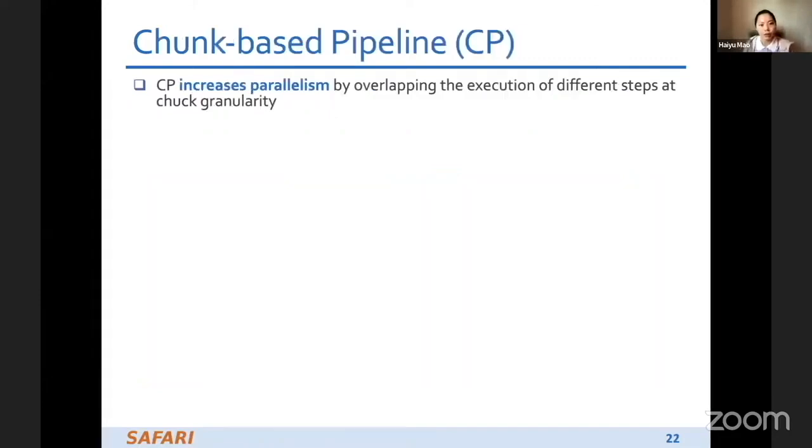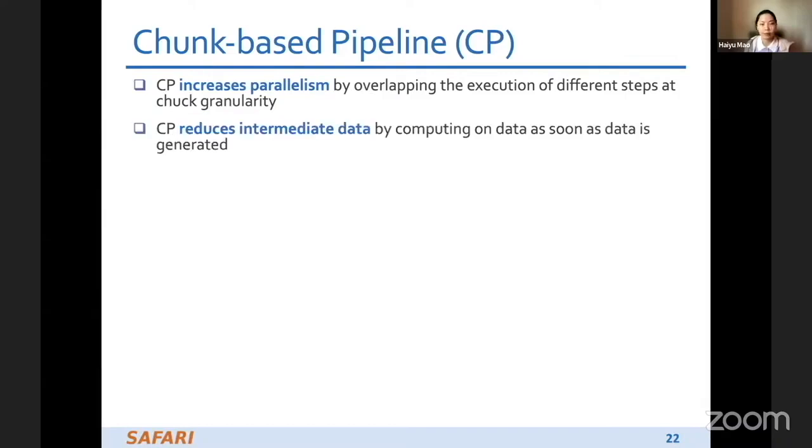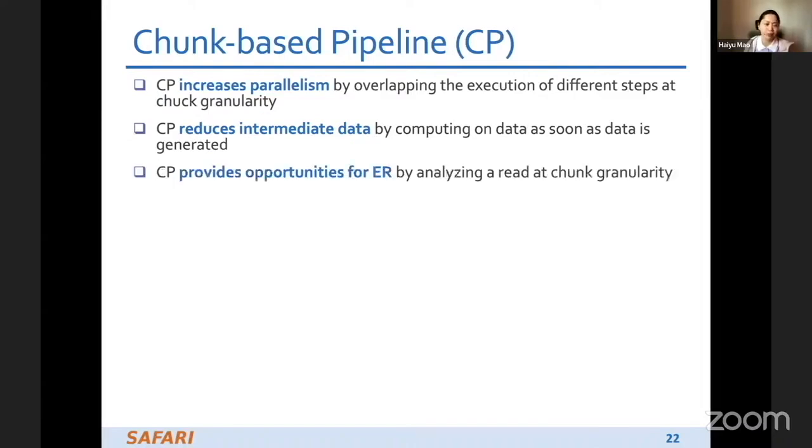The trunk-based pipeline increases parallelism by overlapping the execution of different steps at the trunk granularity. It also reduces intermediate data by computing on data as soon as it is generated, and provides opportunities for early rejection by analyzing a read at trunk granularity.